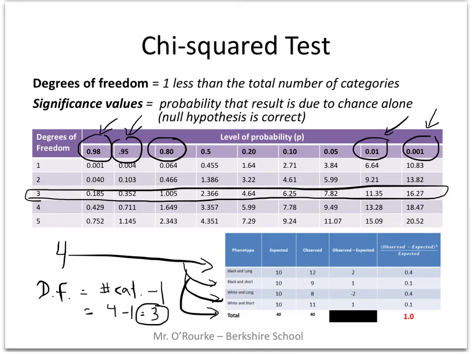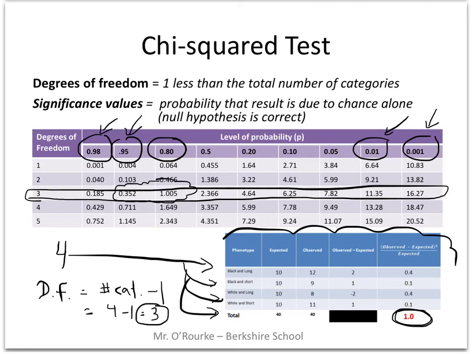Well, here's the original table right here. And we had a chi-squared value of 1. I have to figure out where this number fits in along my degrees of freedom row. And so the number 1 should fit somewhere in here, somewhere between 1.005 and 0.352.